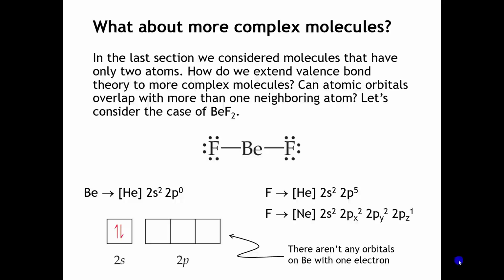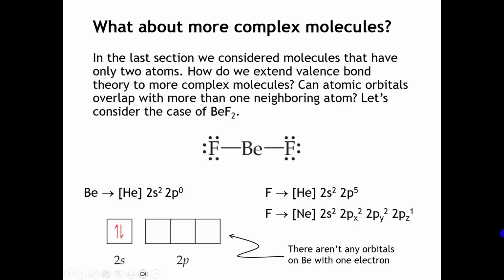Here, beryllium difluoride. Now, if we think about our orbital overlap picture in beryllium difluoride, concentrating on the central beryllium atom, we'll see that we've got a couple of questions. First of all, will the orbitals on the beryllium overlap with just one fluorine neighbor or with both? Or maybe a mixture of the 2.